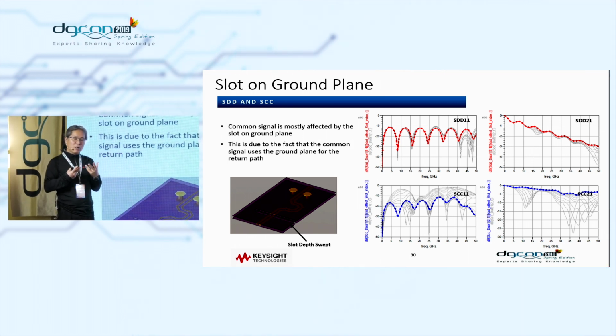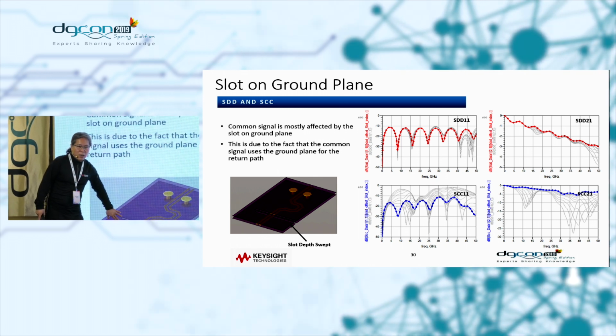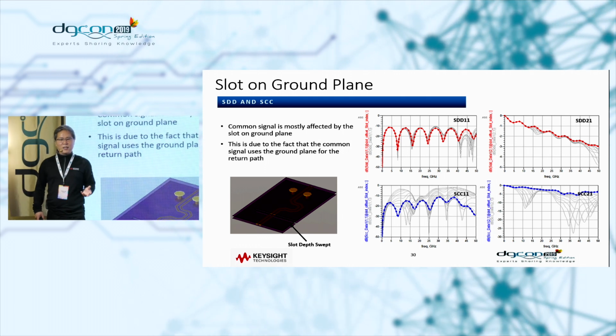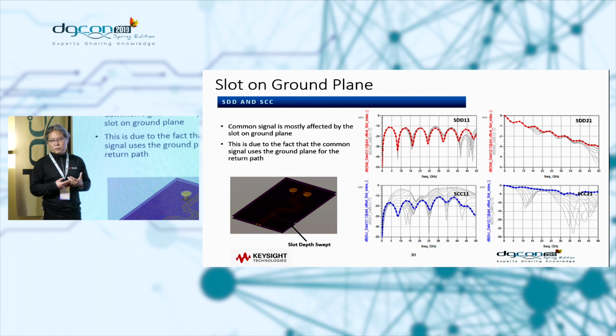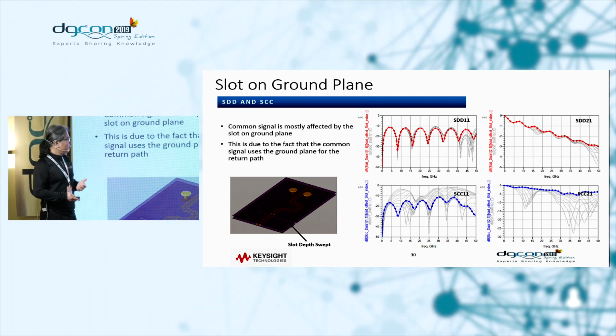But the common mode or common signal is really flowing through the ground plane. So we made a slot on the ground plane. That's why it is affecting SCC a lot more than SDD. We don't even see much variation for SDD, but I can tell you SCC is changing quite a bit.